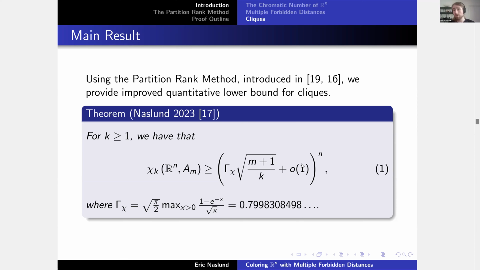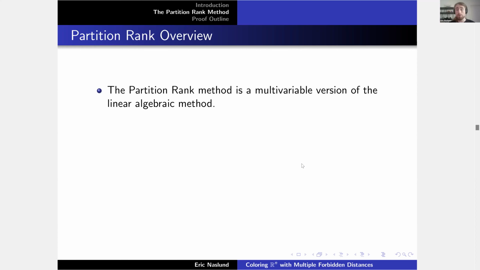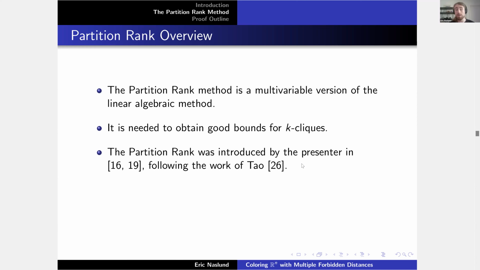What we'll do next is overview the partition rank method. It's kind of a multivariable version of the linear algebraic method, and it's needed to get these good bounds on k cliques. It was introduced by myself in 2 papers, following the work of Tao. Tao introduced the slice rank, and for some of these problems where we need a little bit more flexibility, it's important to have the partition rank, particularly for this kind of clique finding problem.